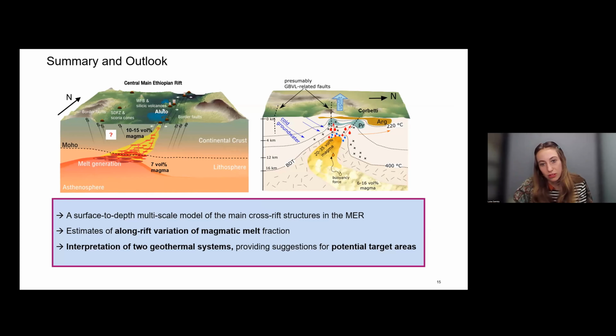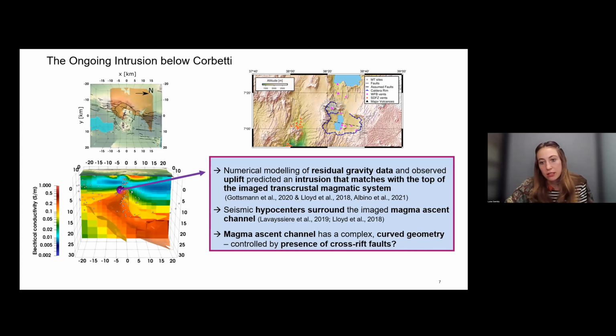But I think that what we've seen at Corbetti, where this model from Gottsman, from microgravity, and our model fit very nicely. And when we see how seismic hypocenters really surround the channel, this speaks for that. These are really ductile areas with melt fractions inside.